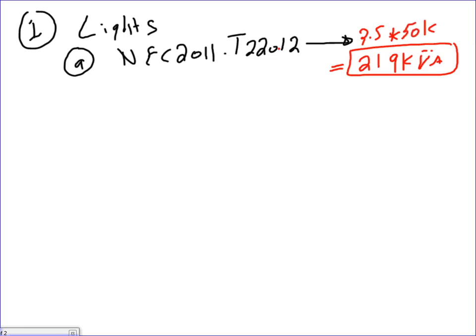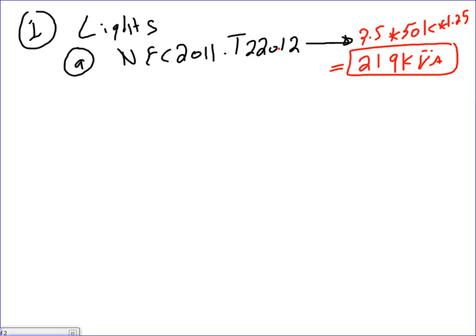I'm sorry, thank you. Times 1.25. Anybody knows why 1.25, guys? Continuous load. So 3.5 from the code, 50K given, 1.25 continuous load.